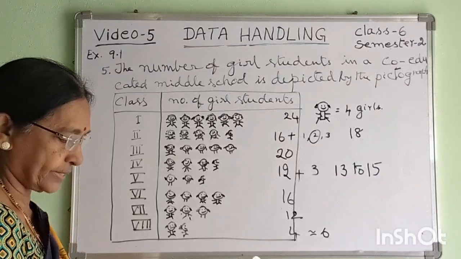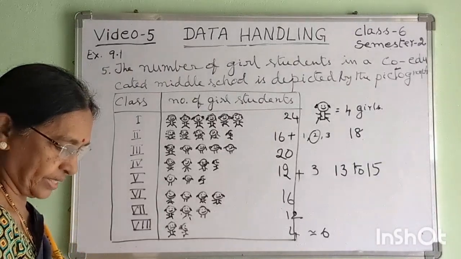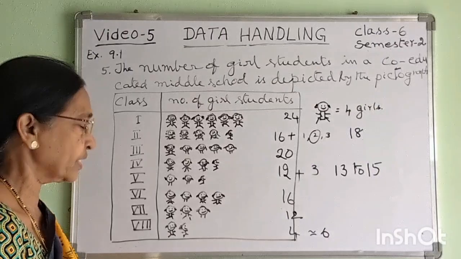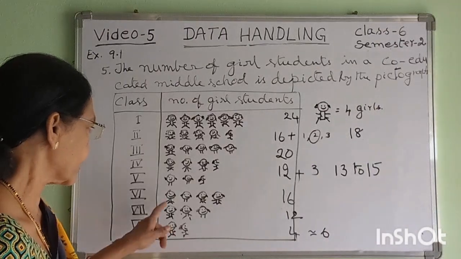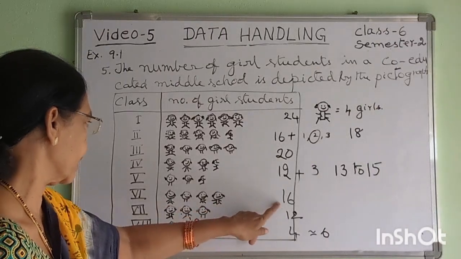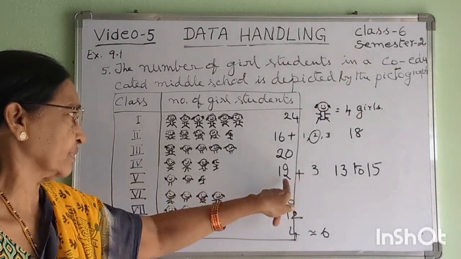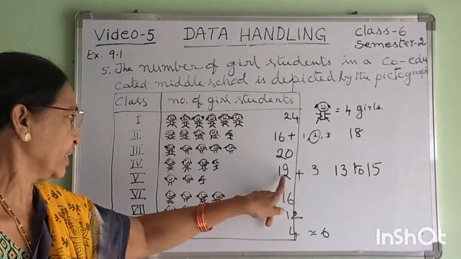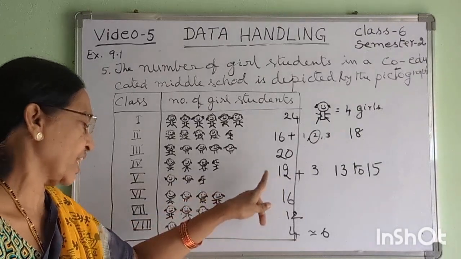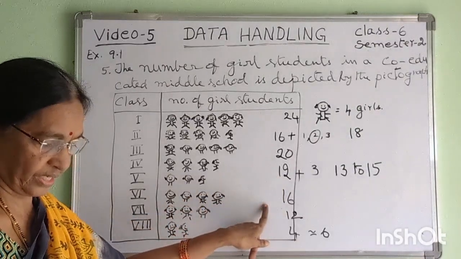Next question. Is the number of girls in 6th class less than the number of girls in 5th class? In 6th class there are 16 girls. In 5th class there are 12 plus something, only up to 15. Therefore 5th class students are fewer than the 6th class students.